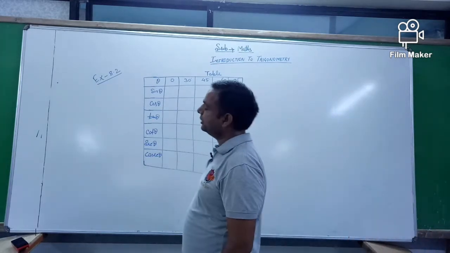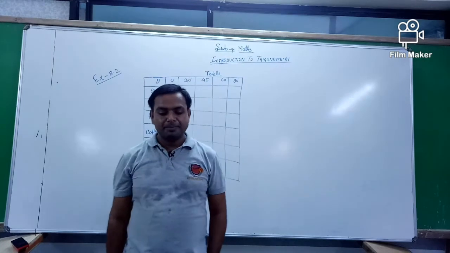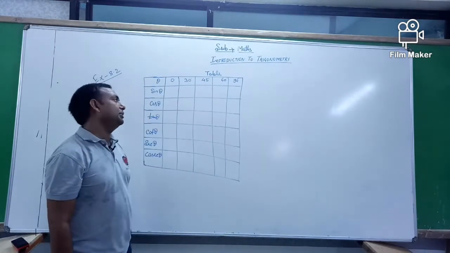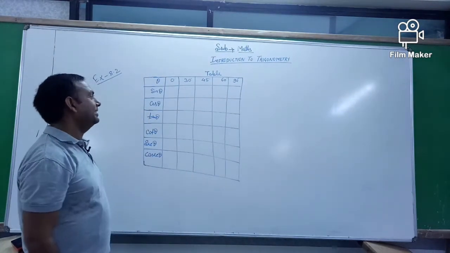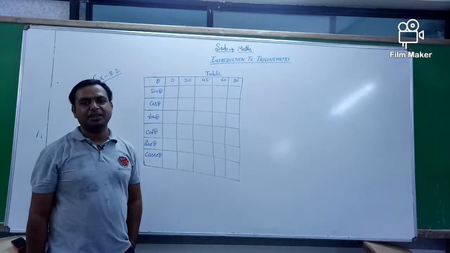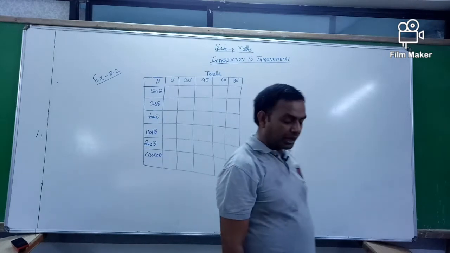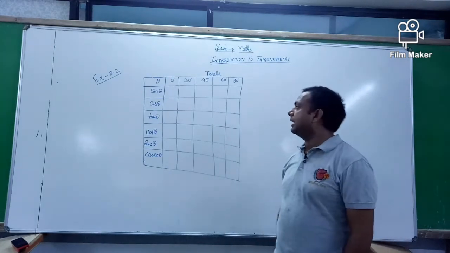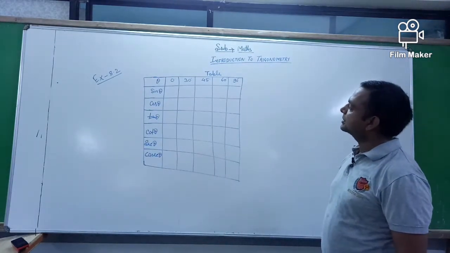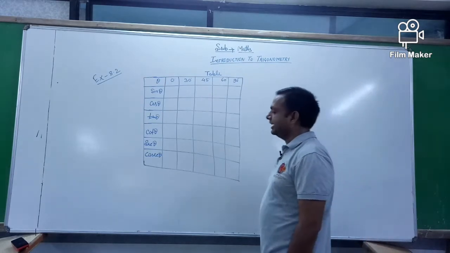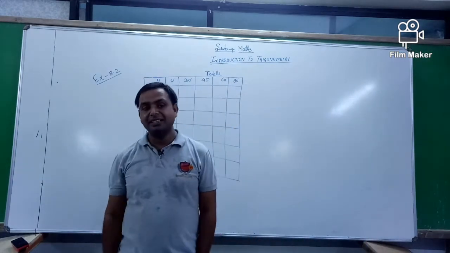It is a very important topic, because whenever you study math, you can definitely use these values of the trigonometric functions. Okay, so how can we find the values of sine 0, 30, 45, 60 and 90? So we are going to discuss it.